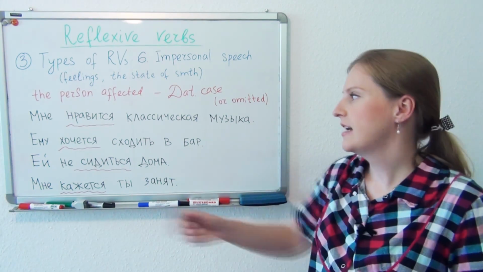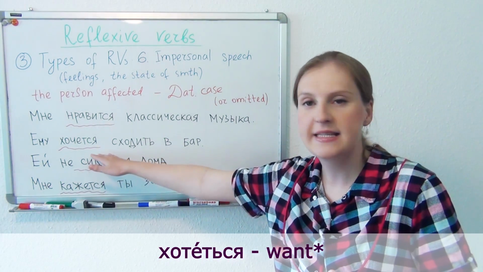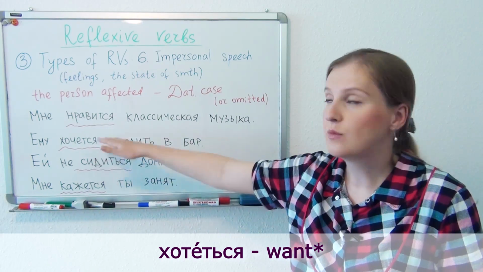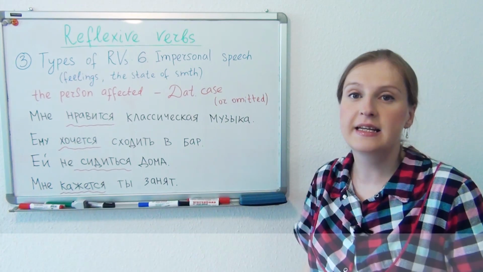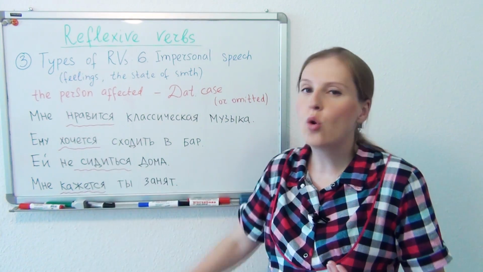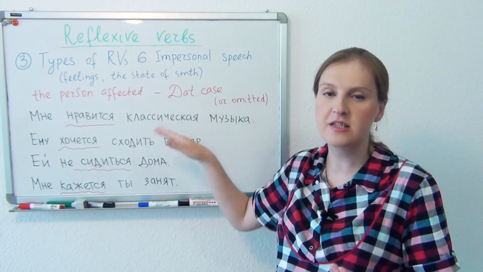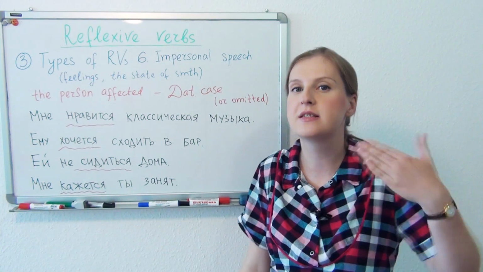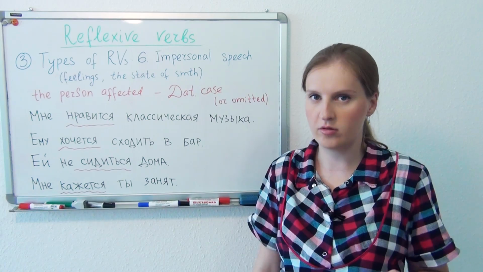Ему хочется сходить в бар. Хочется. Хотеться is another verb which belongs to this category. Ему хочется, it's like he wants. We can say он хочет. Then он will be not in the dative case, but in the nominative case, it will be the subject of the sentence, and here the feeling will be strong.